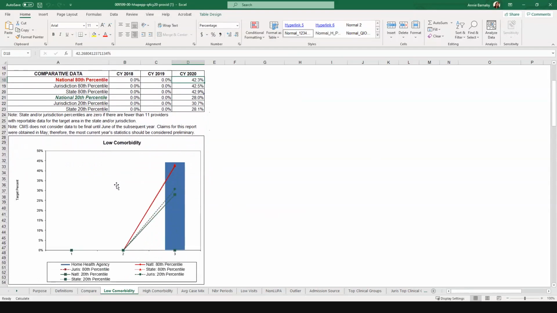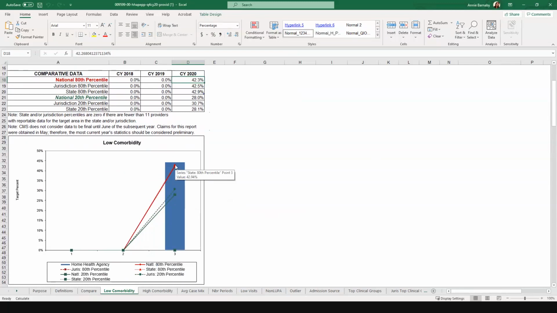So again, we can see that year 1 and year 2, everyone was at 0 because this target area did not exist. But you can see also here that these comparison data points are listed. So we can see the national percentile is this straight line. The jurisdiction is this green dotted line or dashed line, I guess.